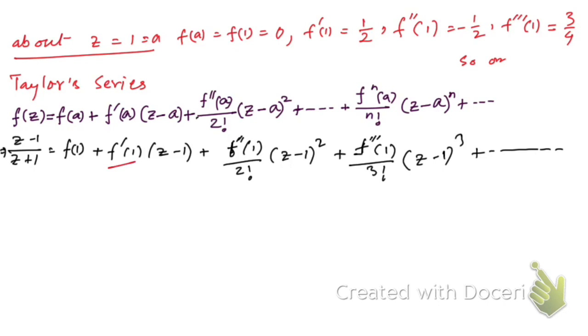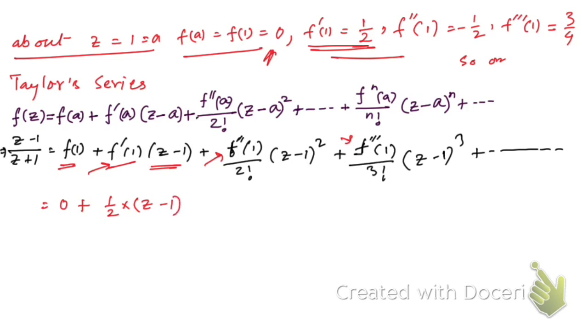So now let us replace these terms by the values that we have obtained here, right? Then we're going to have 0 plus, since f of 1 is 0, then half into z minus 1, because f dash of 1 is half. Then plus, the second order derivative of f at z is equal to 1 is minus half, so we have minus half by factorial 2.